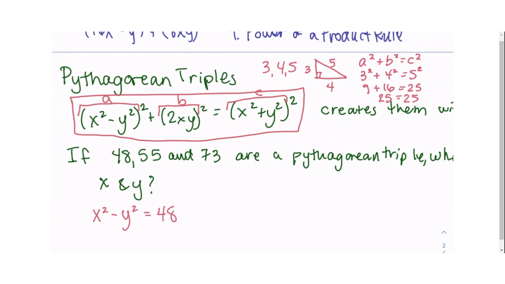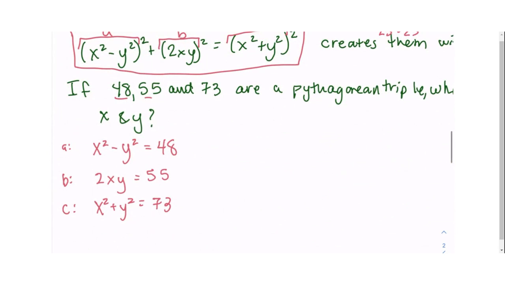And then, because that's the a, we would also have 2xy equals 55. That comes from here. And for the c, it'd be x squared plus y squared equals 73. And we want to know what x and y have to be.